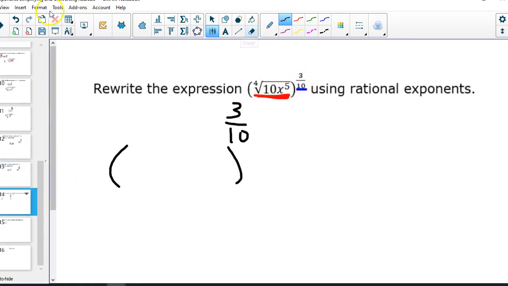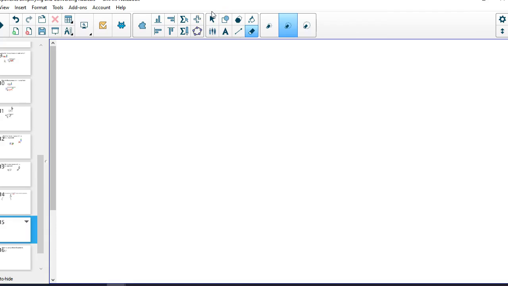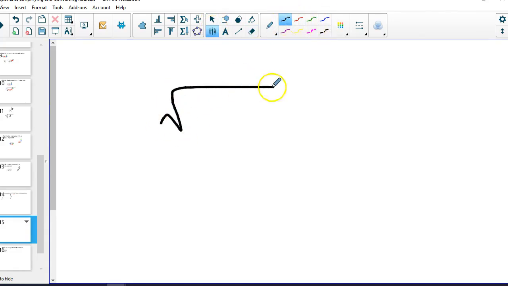Let me add something in before we go on to that one. We only had a single base on the last couple examples we did.